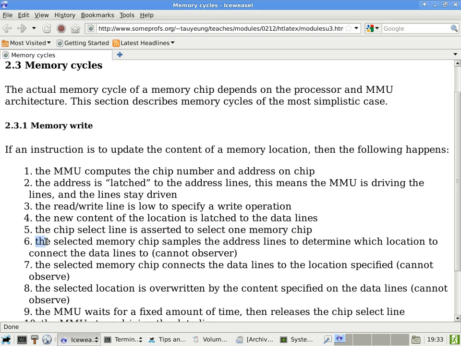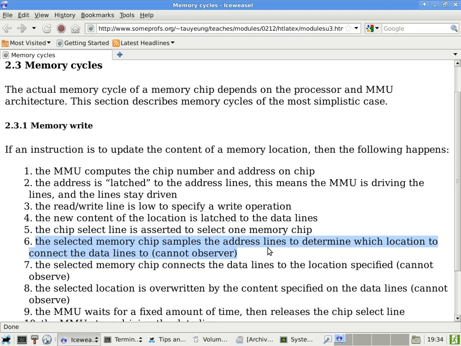The first thing, and this is completely internal to the memory chip, is to sample the address lines, because remember, the address lines are already being driven by the MMU. Okay, it already has a particular pattern on it. In this case, it has a pattern of low, low, high, low, and so on and so forth.